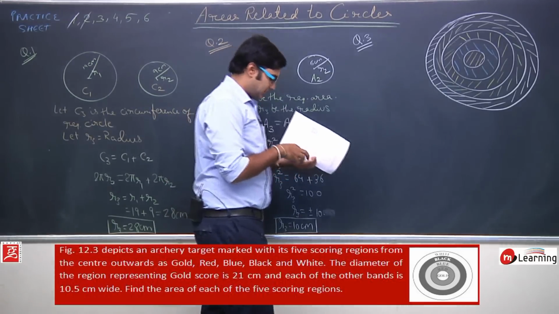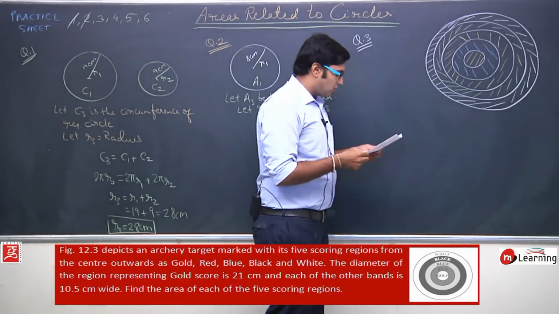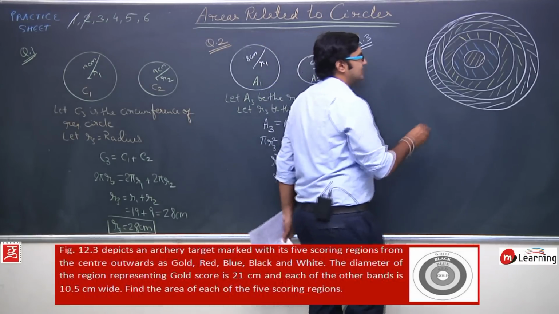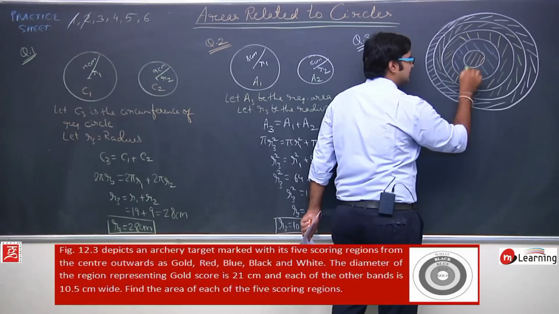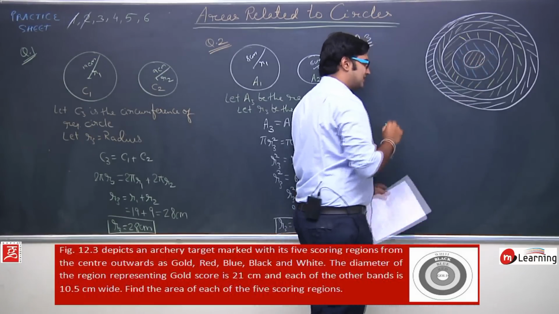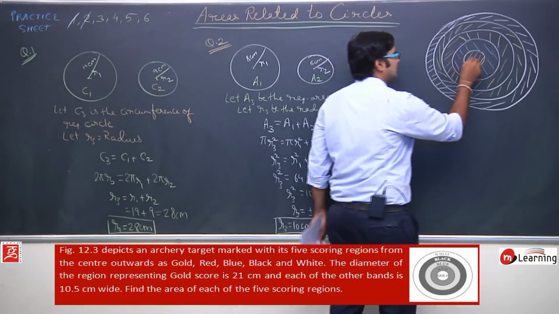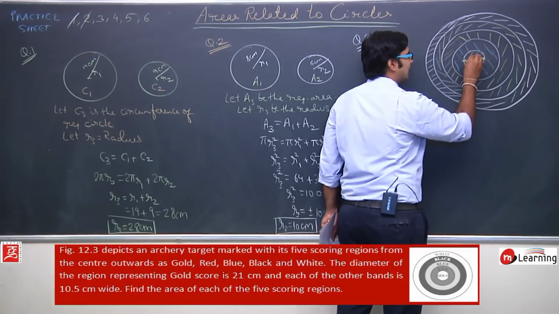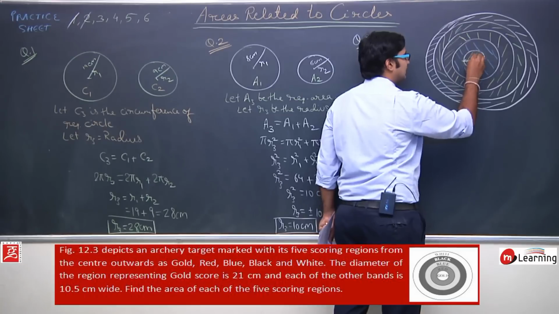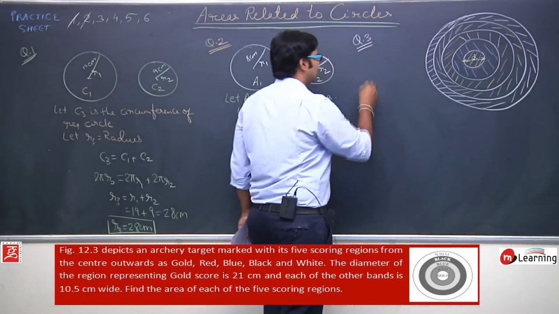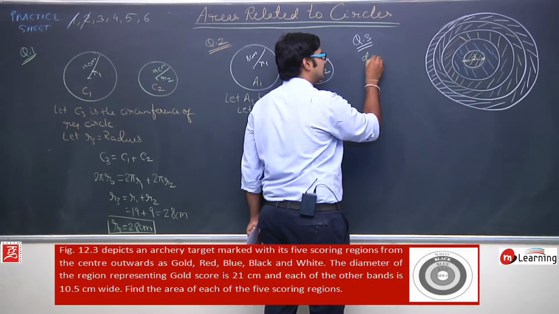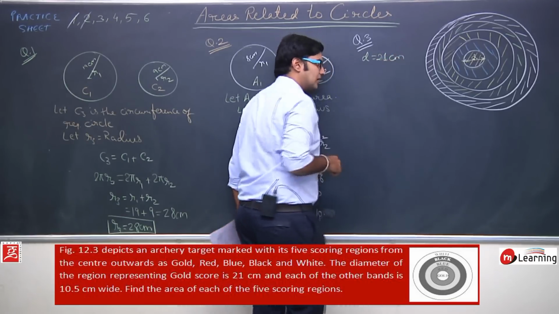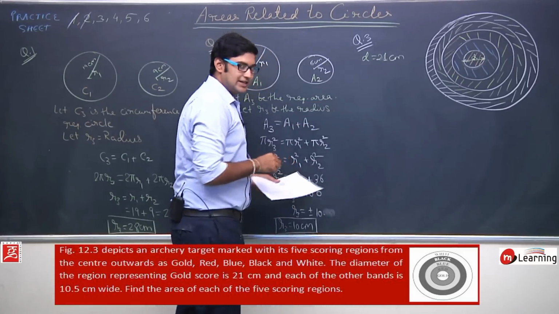What it says is the diameter of the region representing the gold. Now which region represents the gold? The center one. This region represents the gold. The diameter of this region, let us say D, is equal to 21 centimeters.